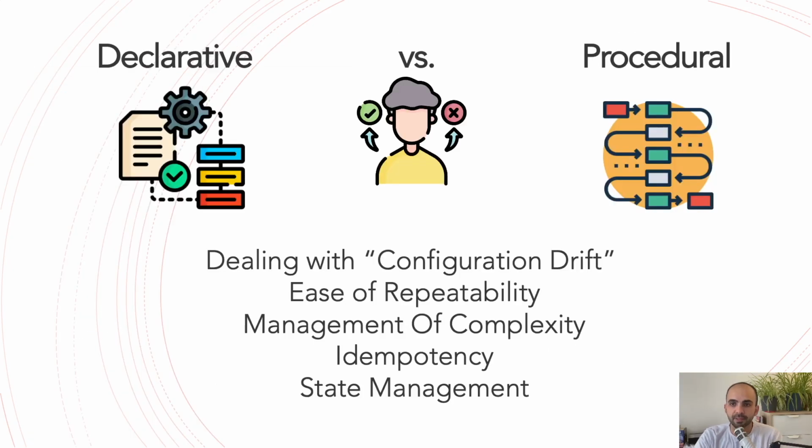If you want to compare declarative vs procedural, there are different aspects we should take care of. One of them is dealing with configuration drift. If we implement, for example, something on Ubuntu Linux, and we write one script that assumes some kind of state, then after some time that state probably changes.